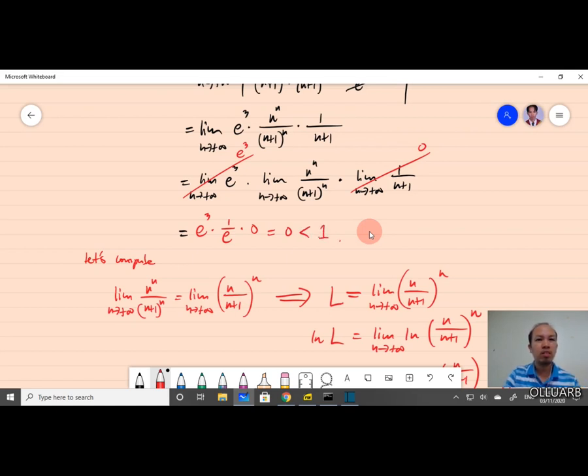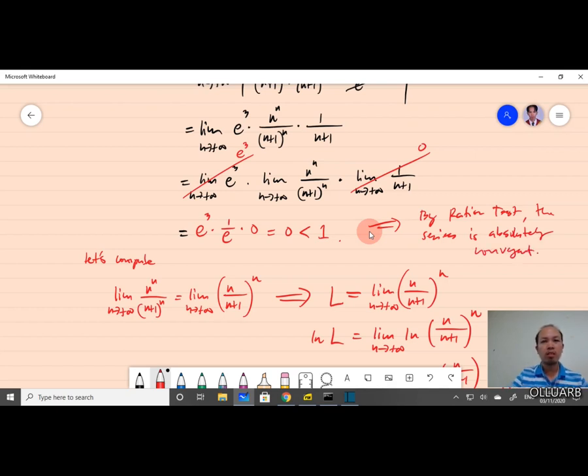Okay, so by ratio test, we can show that the series is absolutely convergent.